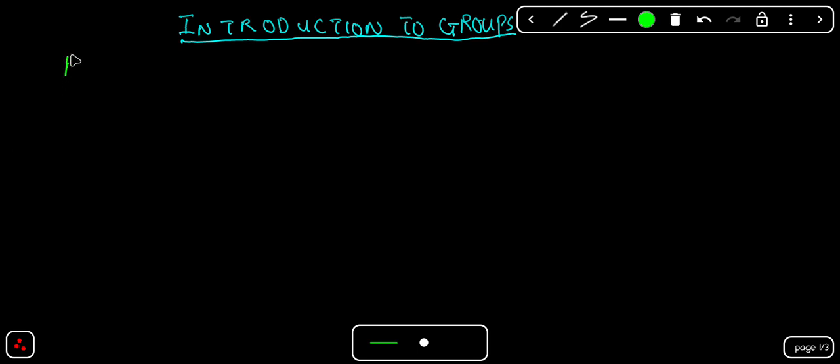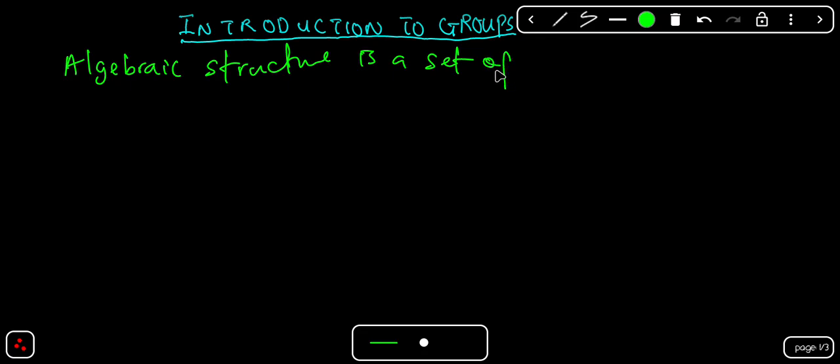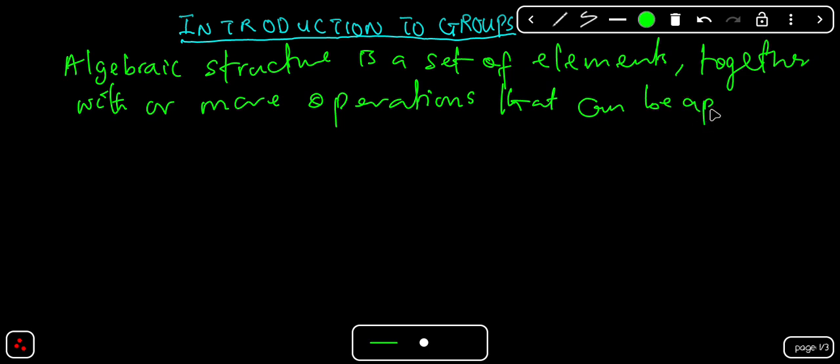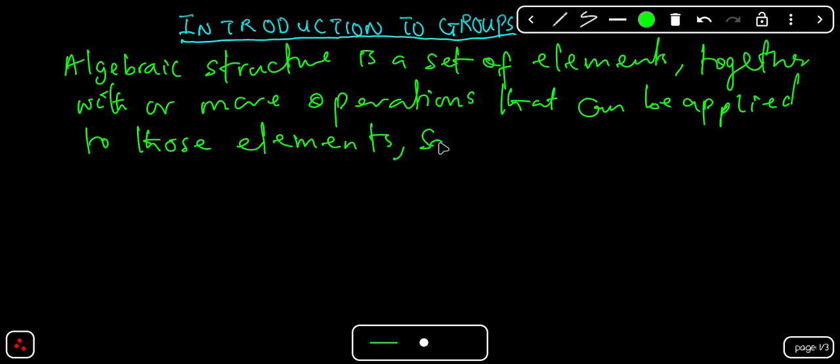An algebraic structure is a set of elements together with one or more operations that can be applied to those elements, satisfying certain rules or properties.